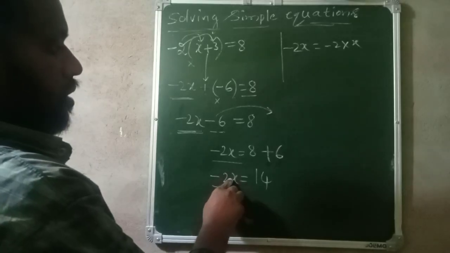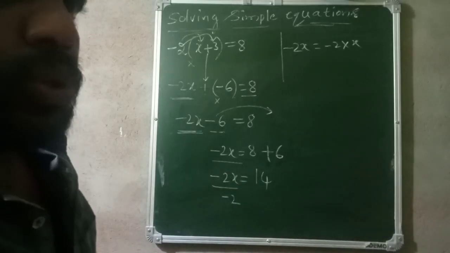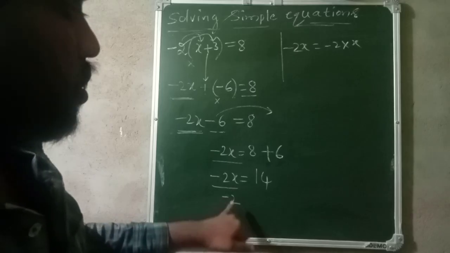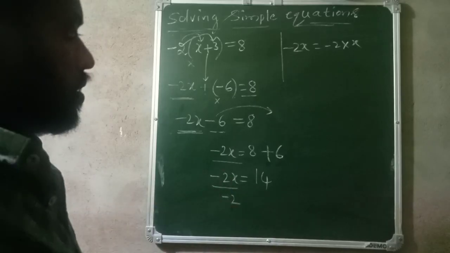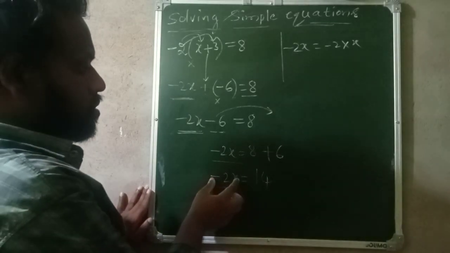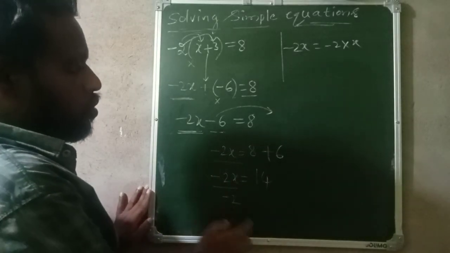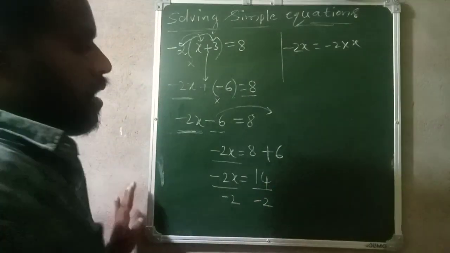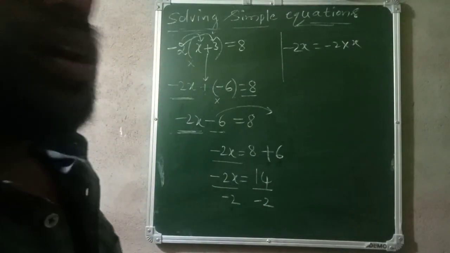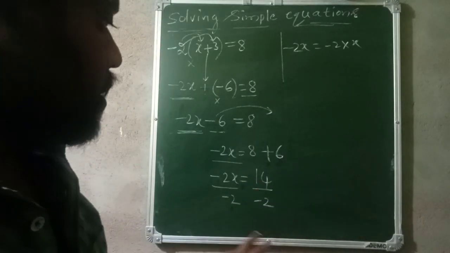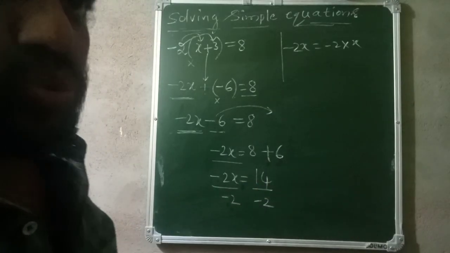Here into is there, so because of into you can divide this minus 2 by minus 2 so that you can remove this. Okay, but the point is when you divide this side by minus 2, you have to divide this also by minus 2. I mean both sides of the equality sign you have to divide by the same number, minus 2.